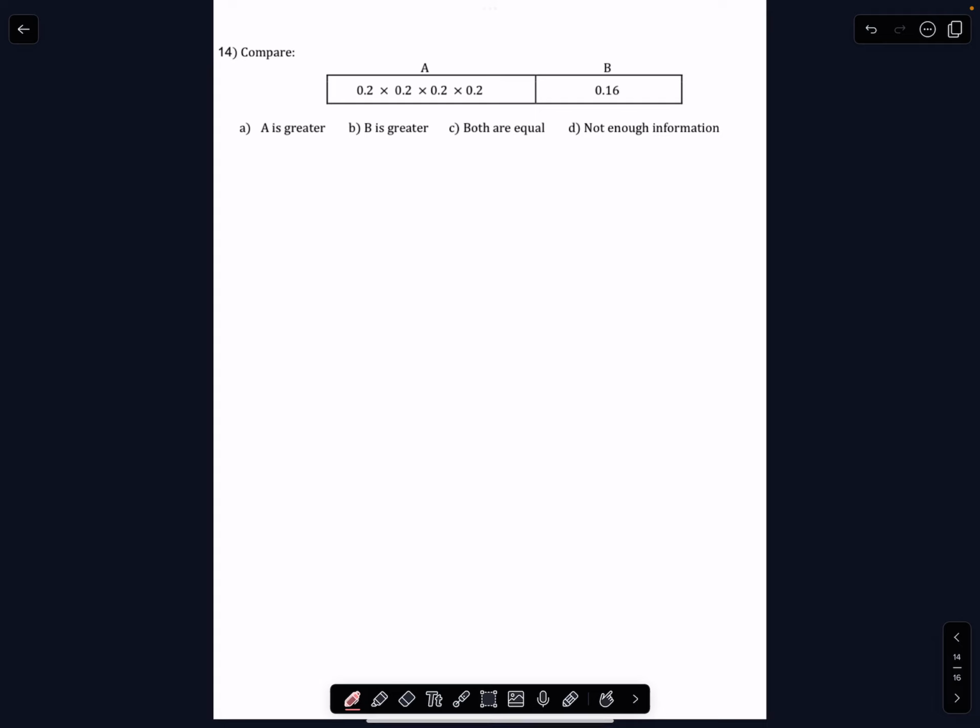Now number 14, we can write this as 0.2 is equal to 2 over 10. Okay, so now we're going to substitute for all. 2 over 10 multiplied by 2 over 10 4 times. Okay, 2 multiplied by 2 is 4. 2 multiplied by 2 is 4. 4 multiplied by 4 is 16.